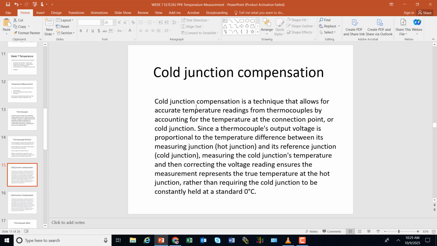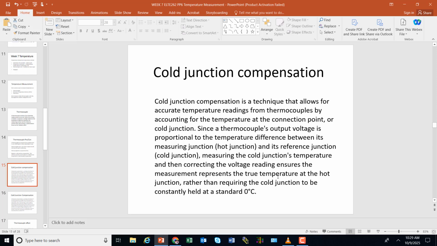It allows for accurate readings by accounting for the temperature at the connection point, or the cold junction. The thermocouple's output voltage is proportional to the temperature difference between its measuring junction, the hot junction where the two are welded together, and its reference junction. Correcting the voltage reading ensures the measurement represents the true temperature.